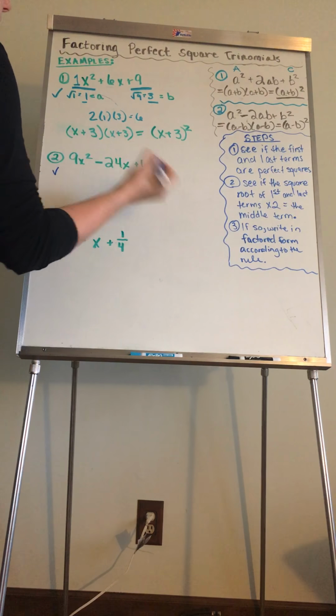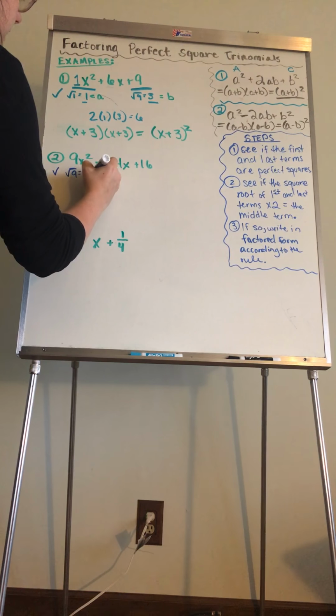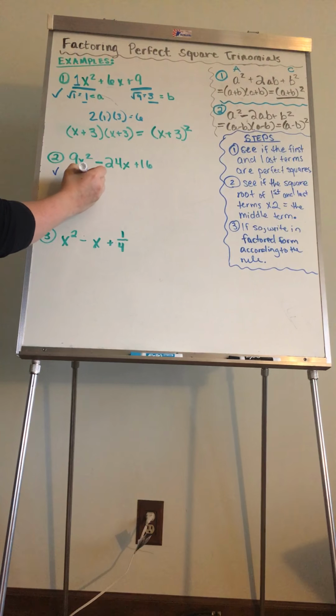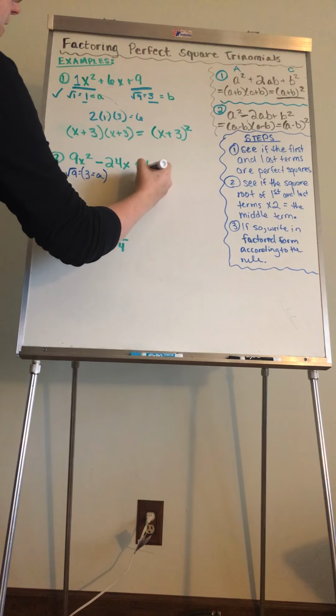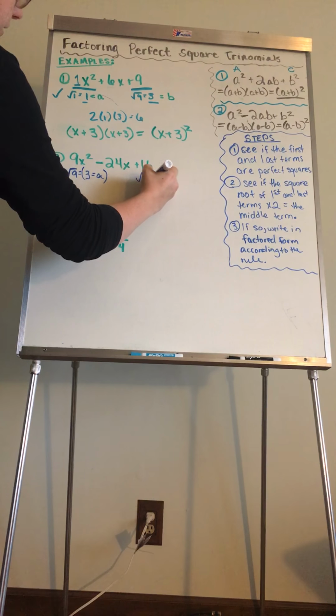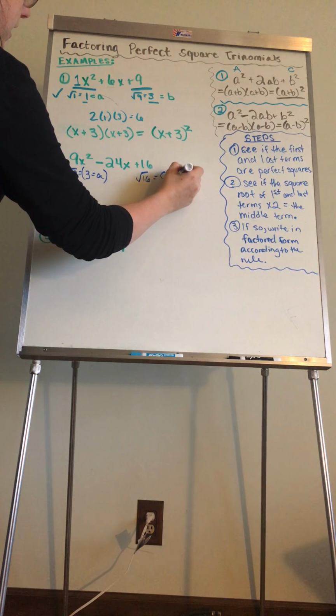So to find my a and my b term, I take the square root of 9, which equals 3. That is a, okay? A is 3. Then for this one, I take the square root of 16, which is 4. 4 is b, okay?